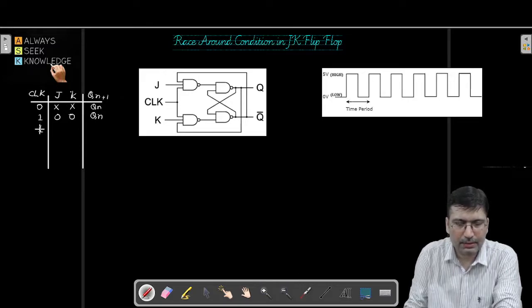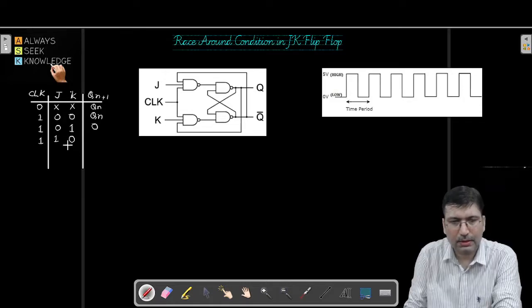But in case the clock is high, J is 0, K is 1, in that case we will get value 0. And in case the clock is high, and J is 1 and K is 0, in that case we will get value 1.